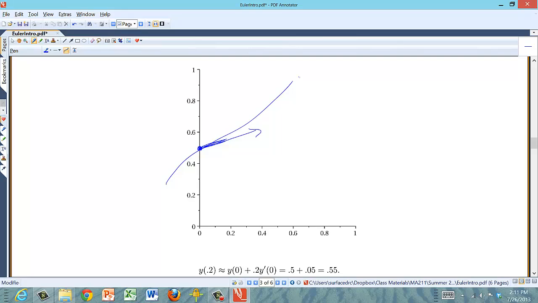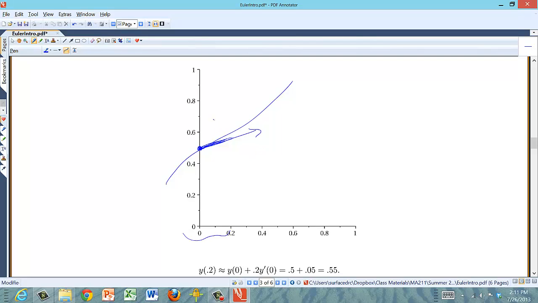The whole point of differential calculus is that in a little neighborhood around time 0, the tangent line approximation to my solution is a very good approximation, right? I can basically just regard my function here as a straight line with slope my tangent, right?